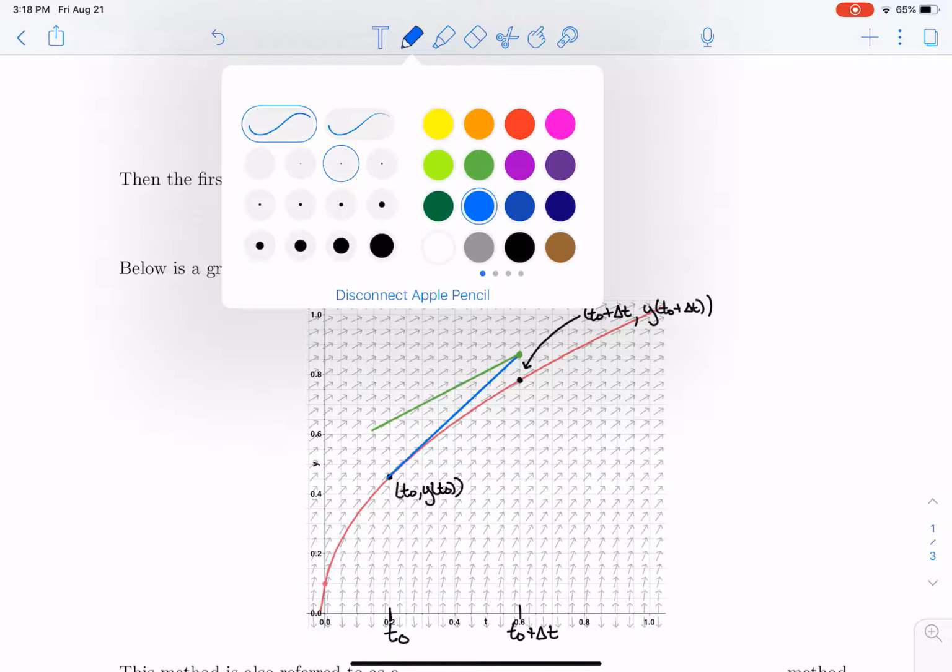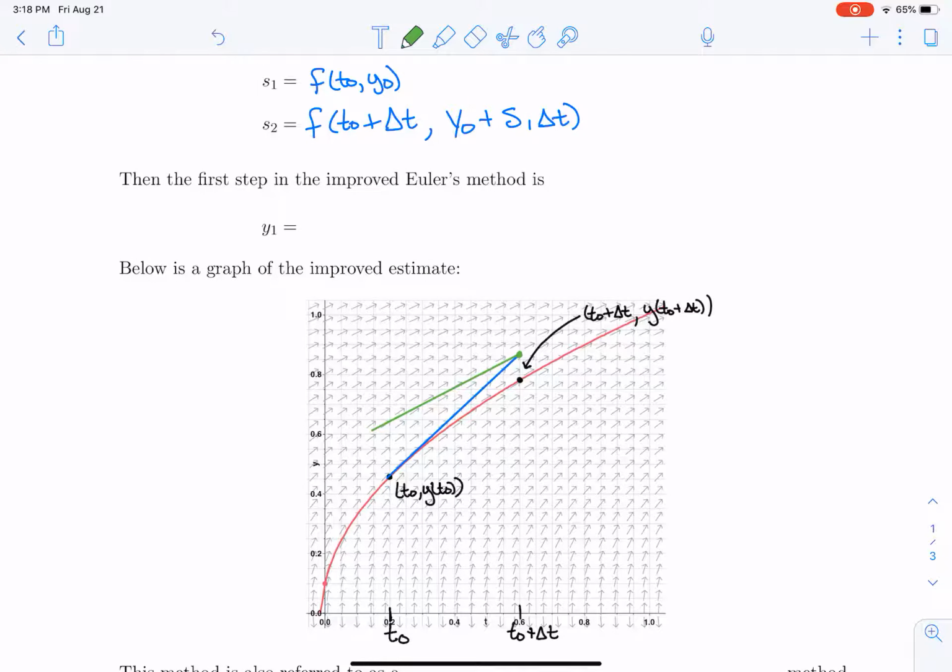So what we've done is we have evaluated the slope here at t0 plus delta t and y0 plus s1 delta t.